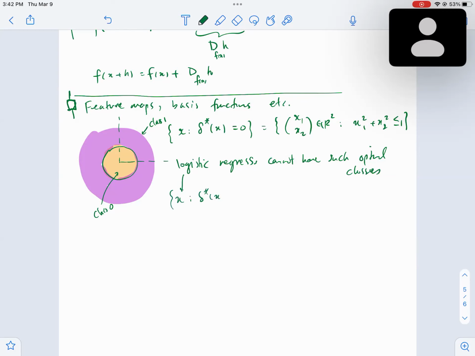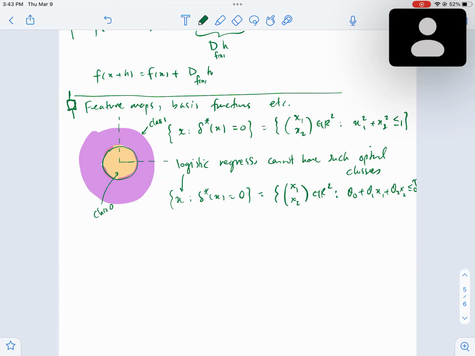The optimal rule would be the set of x1, x2 such that theta 0 plus theta 1 x1 plus theta 2 x2 is bigger than or equal to 0, or less than or equal to 0, whatever you want to call it. It's a linear or affine function less than or equal to 0, so it's going to be a hyperplane. It can't be a circle.